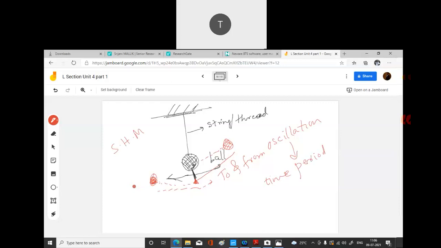If I take the oscillation, I will start the clock here. If I start from here, if it is going there and coming back, then it is one oscillation. That is how you used to count, and then you used to take it for 10 oscillations, and then take the average time for one oscillation. So then that would be your time period.